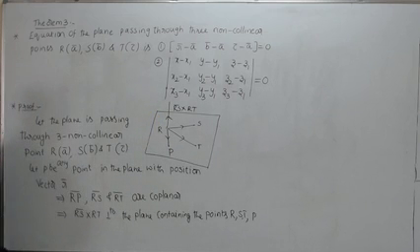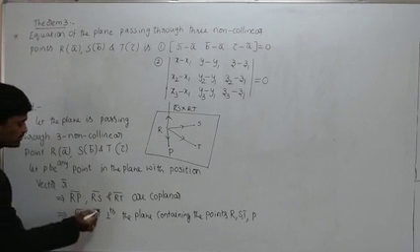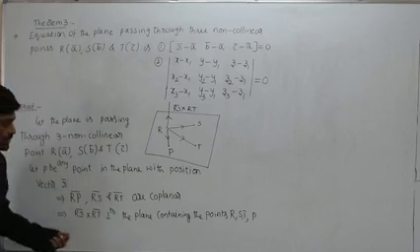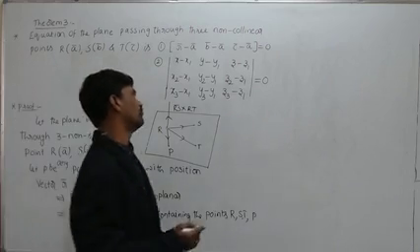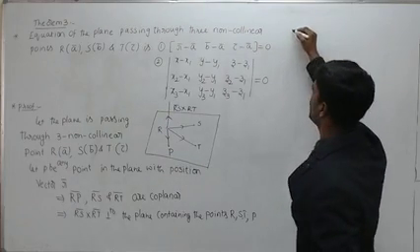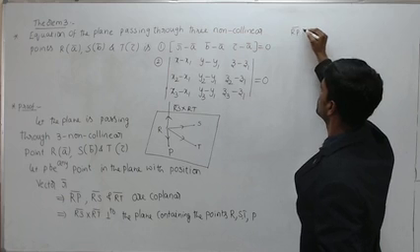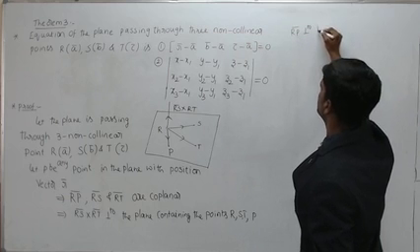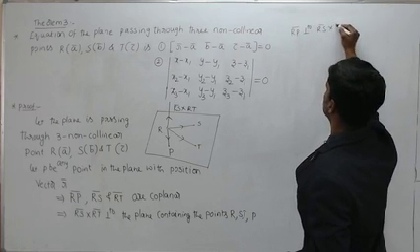So obviously, as it is perpendicular to this plane, this vector is perpendicular to the vector RP bar also.